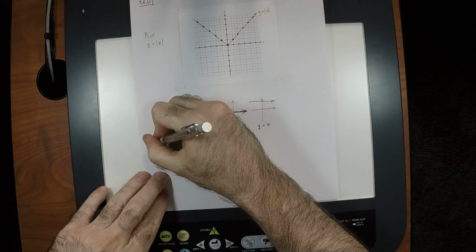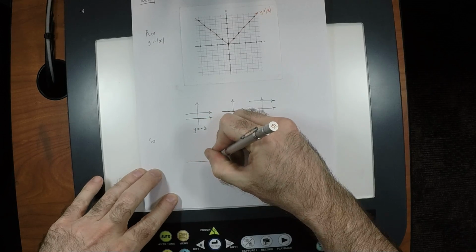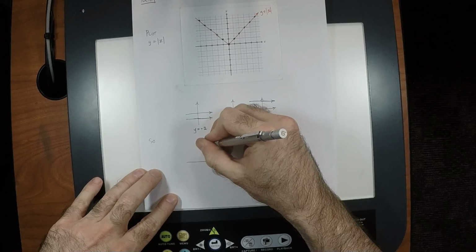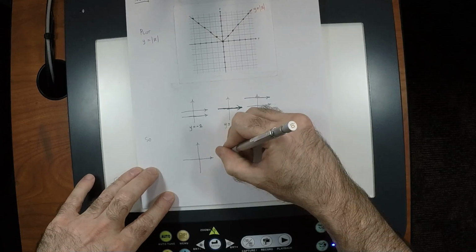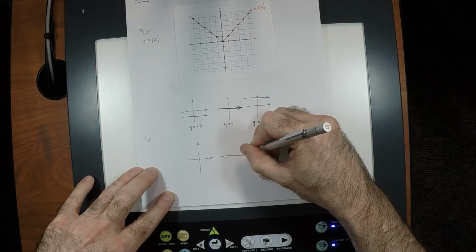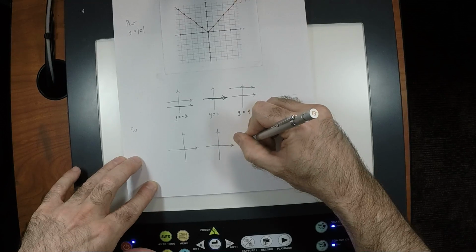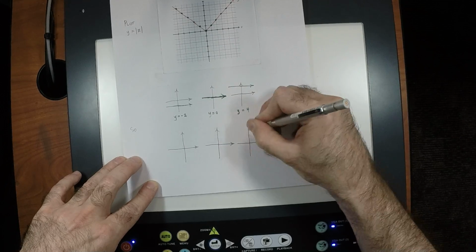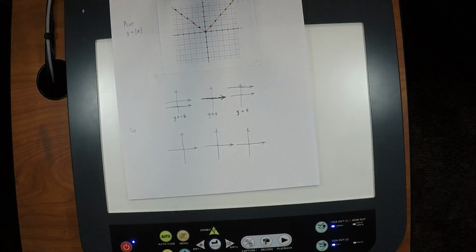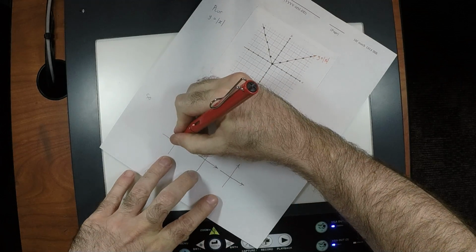So putting those together, I could say, well, let's plot absolute value of x and y equal negative 2. Let's plot absolute value of x and y is 0. And let's plot absolute value of x and y is 4. Because we're plotting absolute value of x, all of these have a V.